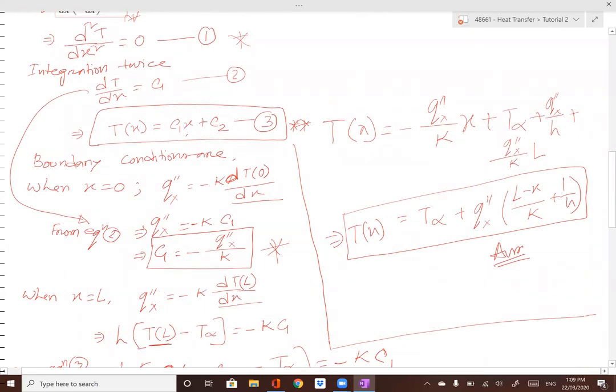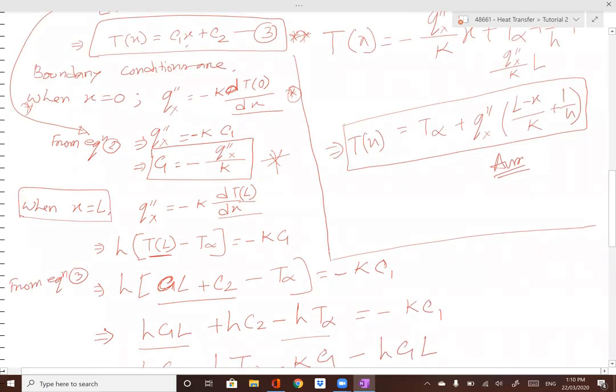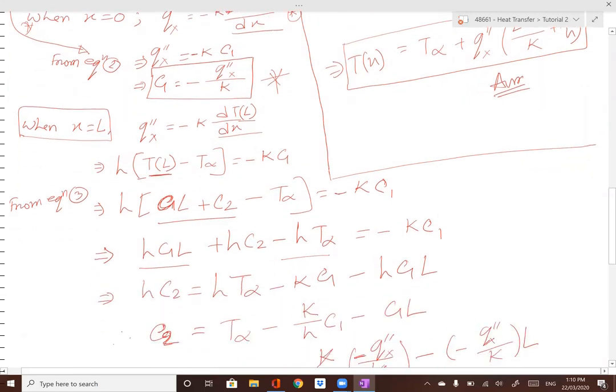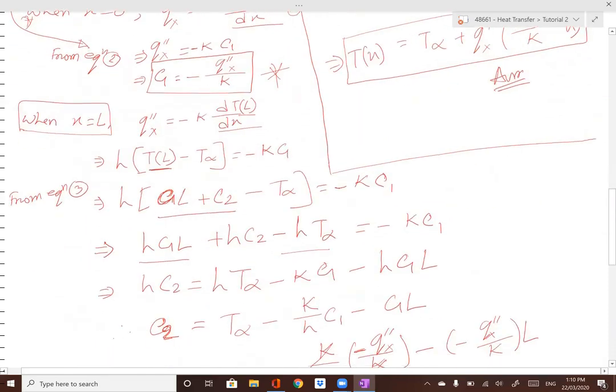We solve these from two boundary conditions. At x equal to 0, we use the uniform heat flux condition, where heat flux is related only to conduction. When x equal to L, at the outer surface, heat flux is related to convection because heat is lost from the plate to the air by convection. Then we use the convection heat flux formula, and solve equations 2 and 3 to calculate C1 and C2.